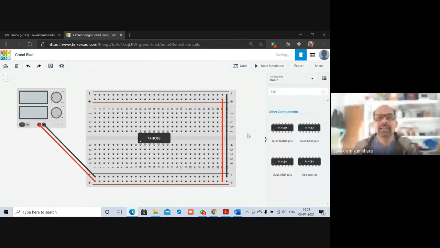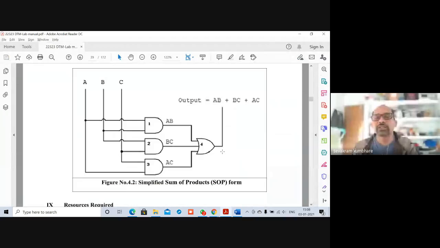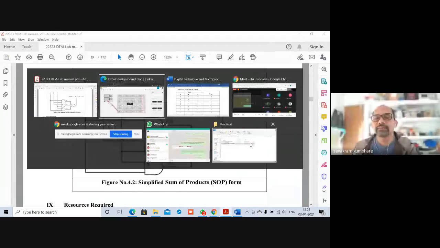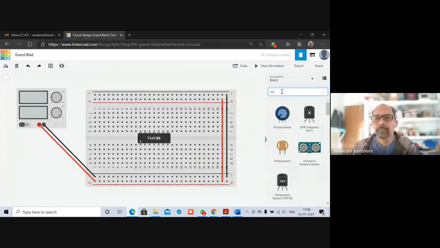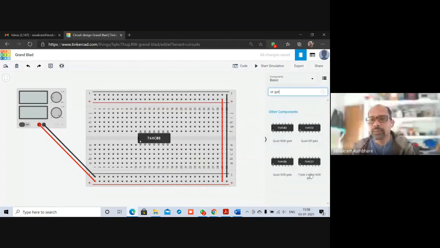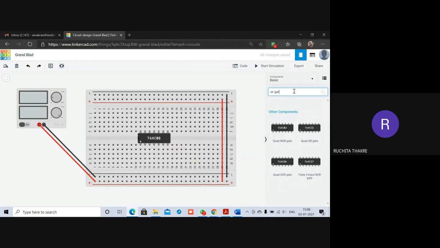Another thing we need is the OR gate, a 3-input OR gate. What is the IC number for the OR gate? Or we can do one thing, we can search it over here. OR gate. Look, triple 3-input NOR. OR gate we want. 7432.